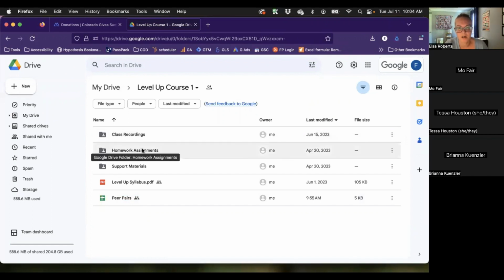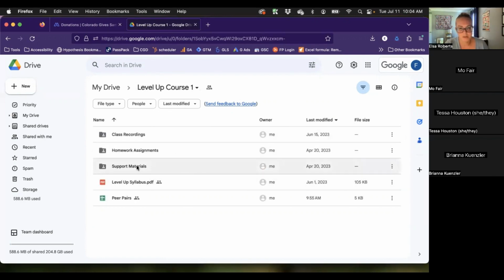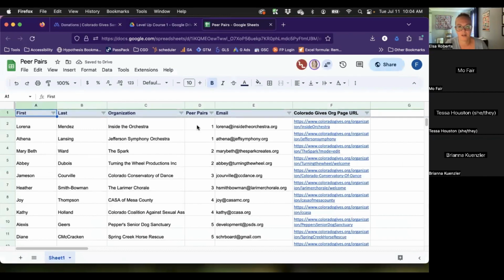Homework assignments are in this folder, and there's just the two: the strategic plan and the campaign plan assignment. Support materials are in this folder, and I'll walk through that in just a second. The syllabus for your reference is here, and then peer pairs is in this Google Sheet, and you can see here everybody is listed out, along with the contact information, and also your Colorado Gives page.